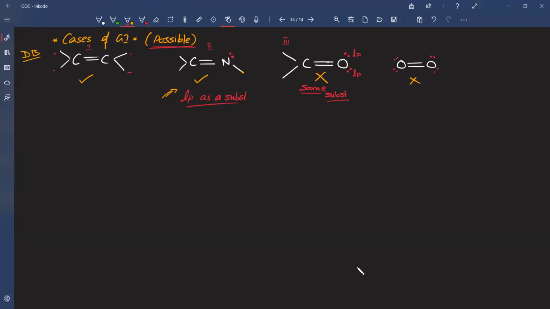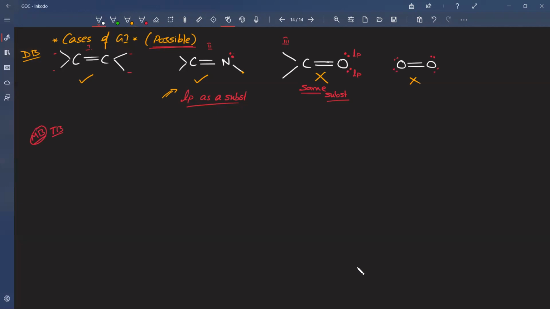Due to oxygen, there won't be any. This is to help you in the exam to quickly find out whether geometrical isomerism is even possible or not. If it is not possible, then don't waste your time finding the geometrical isomers. Now let's move to the second case, that is the case of a triple bond.